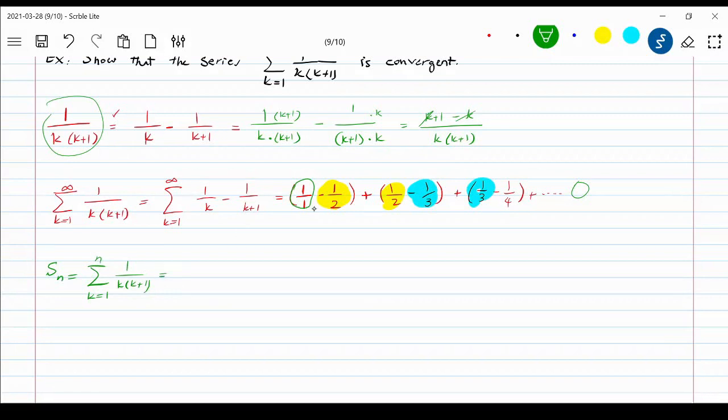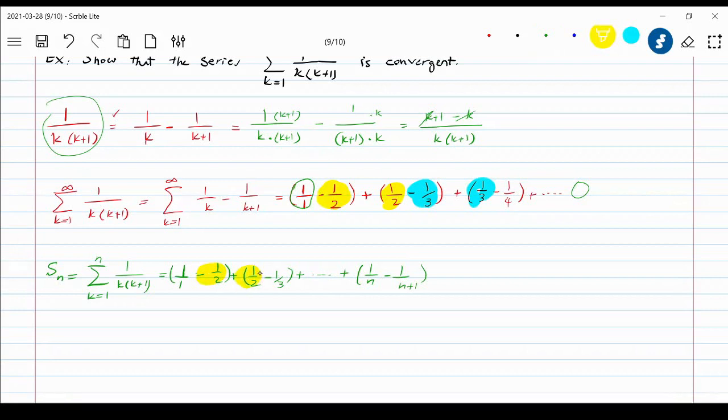And as I mentioned above, it would be the first term, 1 over 1 minus 1 half, plus 1 half minus 1 third, dot dot dot. The last term is 1 over n minus 1 over n plus 1. Everything in this sequence will cancel out.